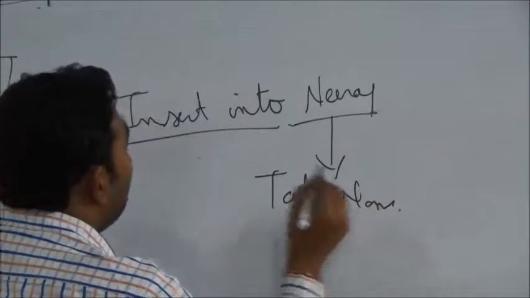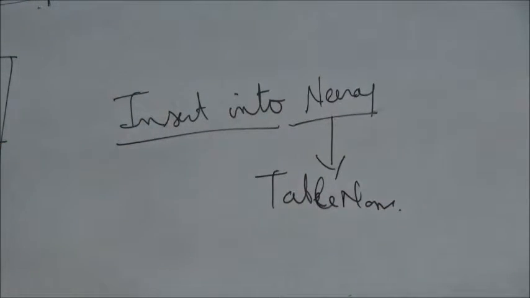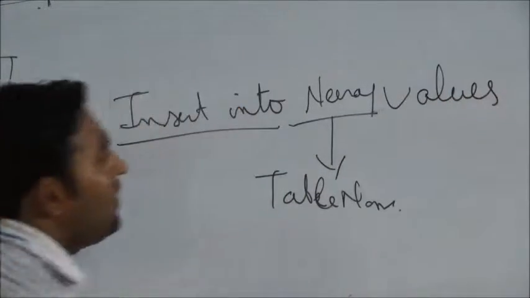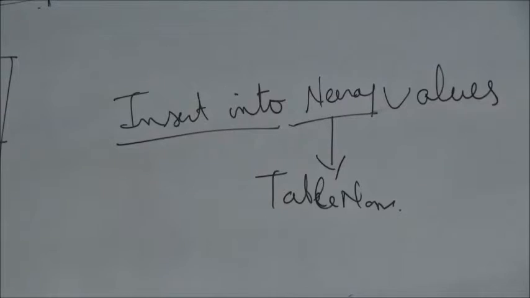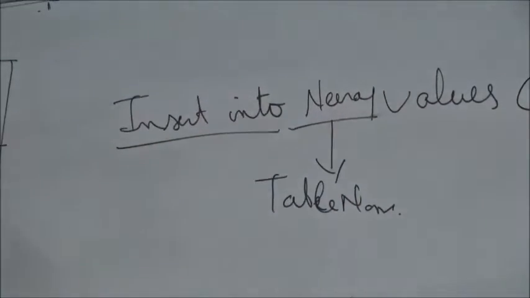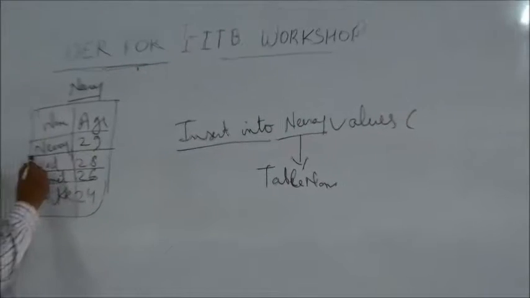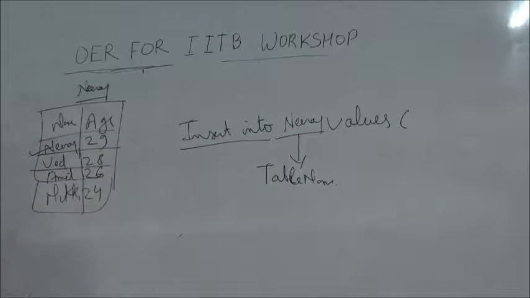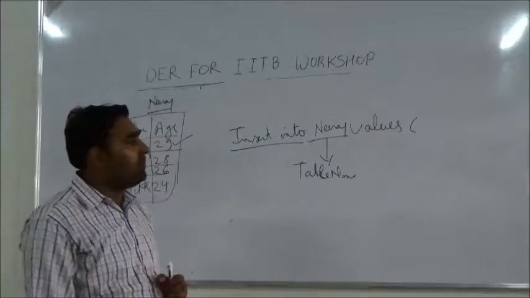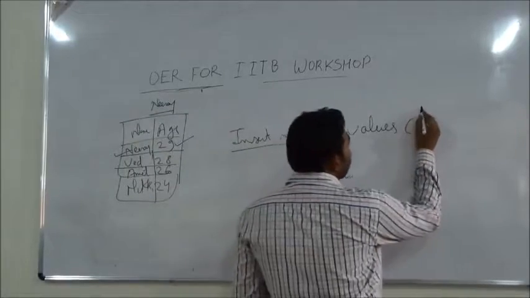Insert into Neeraj, then values. Which type of values? The thing to remember is that we have to insert one data of character type and one data of integer type. Whenever you are inserting a character data type in a database, you have to put it in single quotes.